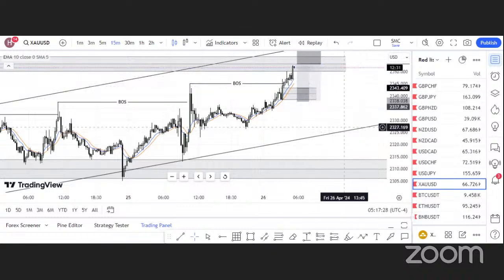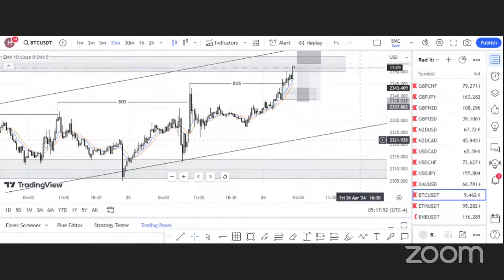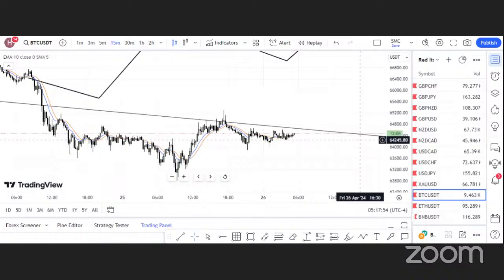So I would suggest we continue with our analysis for now. Then we can come back maybe in 10 minutes to see how this is doing. Okay, so we have analysis on XAUUSD, and we are currently waiting for a price decline from this point of interest. All right, so next, let's go to BTCUSDT.